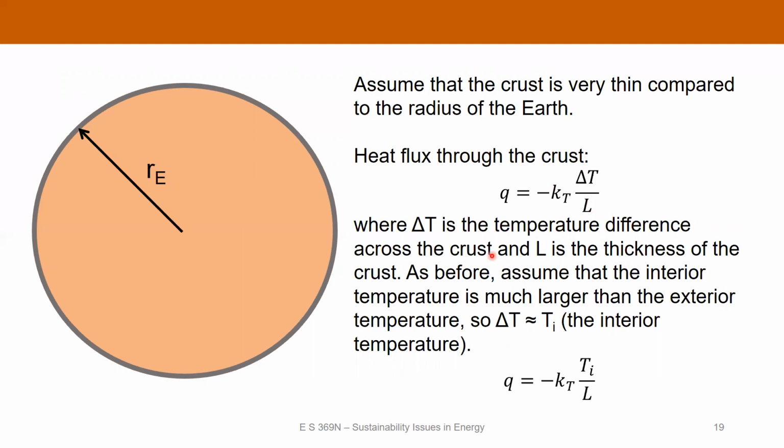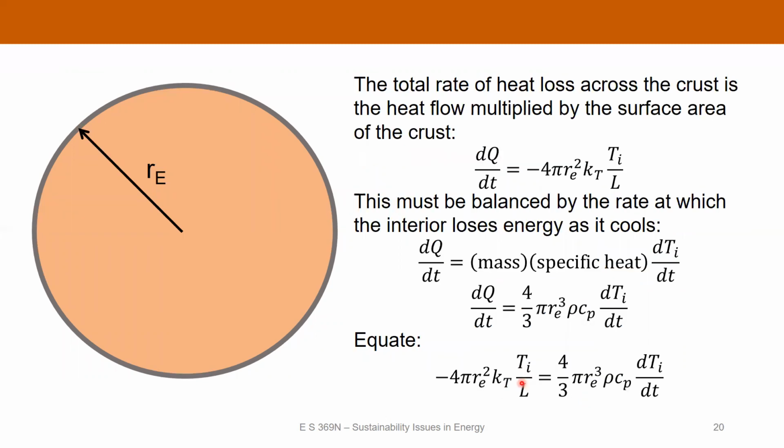We'll again assume that the internal temperature is much larger than the external temperature. So the temperature change across the crust is approximately equal just to the interior temperature. We can rewrite this as interior temperature over thickness of the crust times the thermal conductivity, and that's going to be the heat flow.